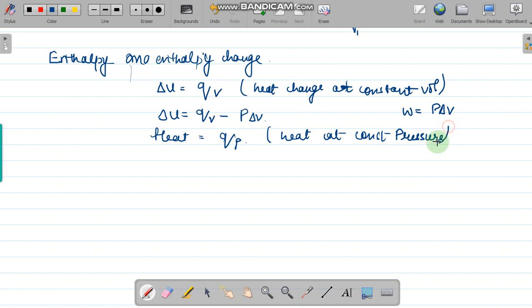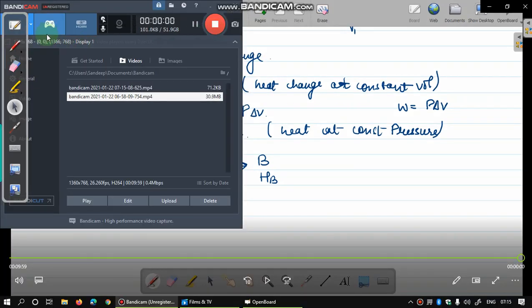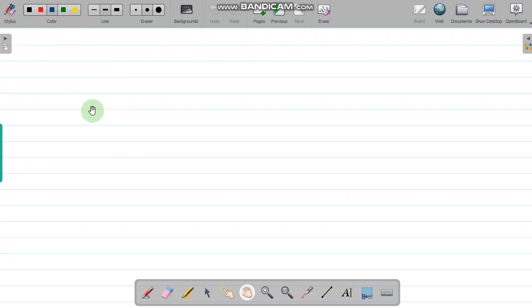Okay. Now, suppose we have a component A getting converted into a component B. So the enthalpy for A will be HA and for B it will be HB. Enthalpy is the sum of the internal energy and the product of its pressure and volume.